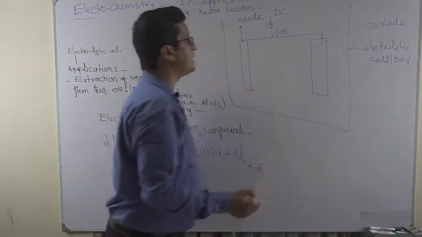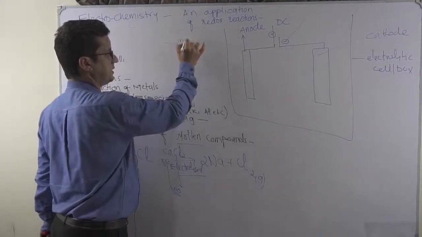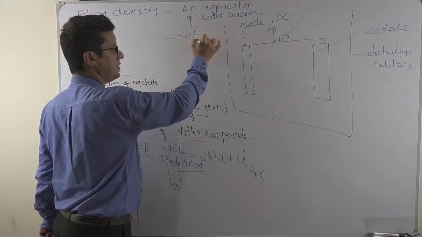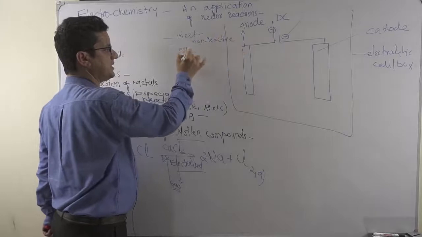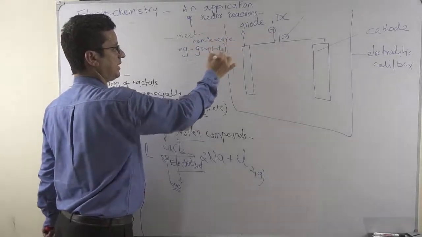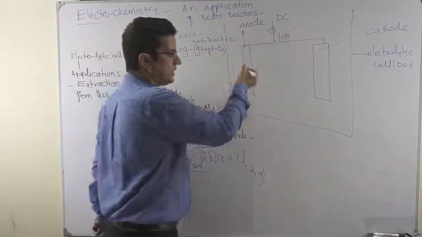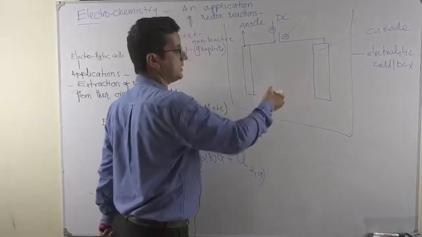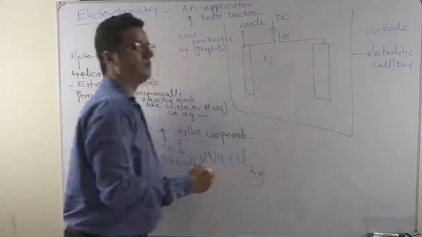Now both these electrodes are made of a material which is inert. Inert means not reactive, non-reactive. And the most common, cheaper, easier option is graphite, the form of carbon that conducts. Both these are inert electrodes, and inside the electrolytic cell, our first case is sodium chloride.